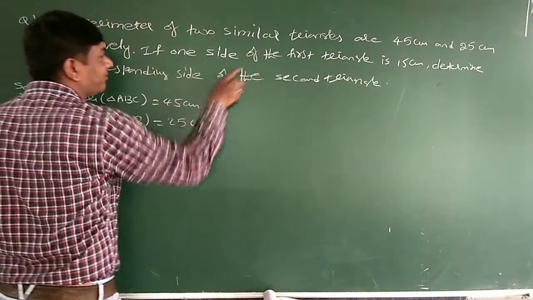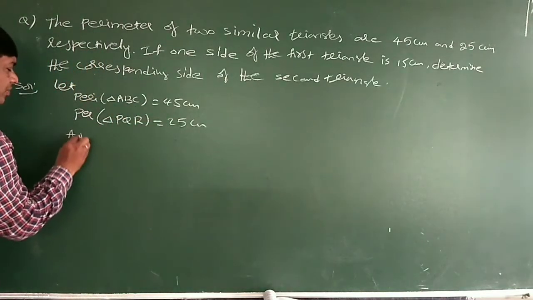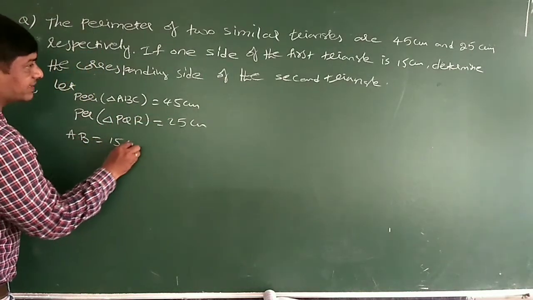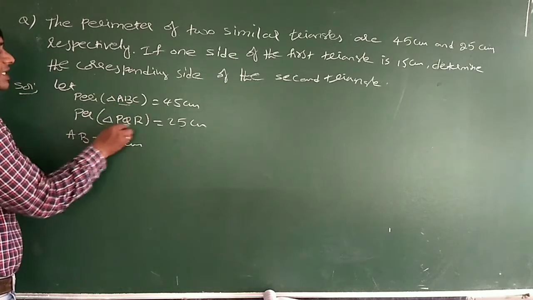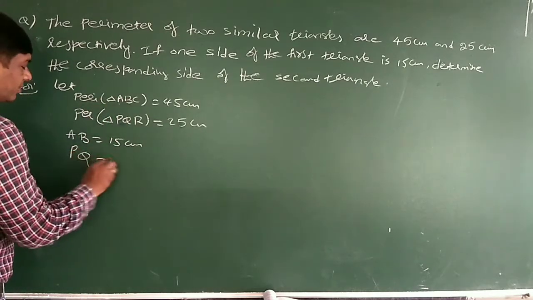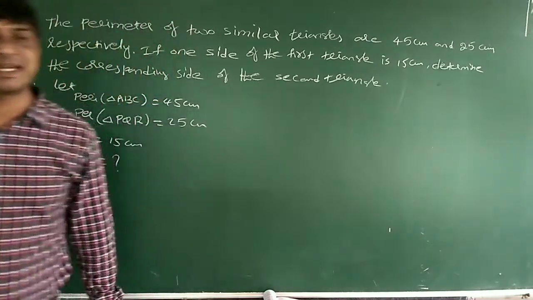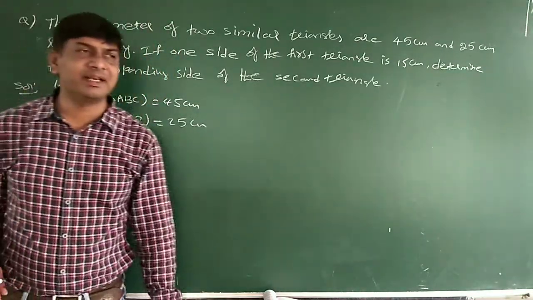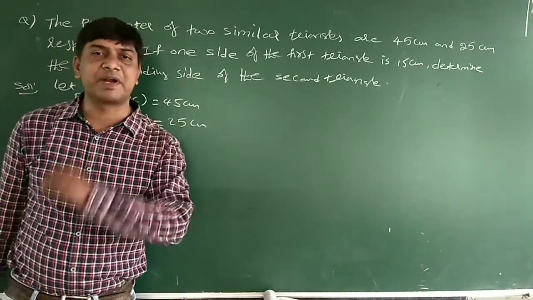They did not mention any names, so I am just supposing. Those are the two triangles. The first triangle is ABC. In that, let us assume AB is equal to 15 centimeters. Then AB's corresponding side is PQ, so PQ we have to find out. Already I gave the concept: if two triangles are similar, the ratio of their perimeters is equal to the ratio of their corresponding sides.